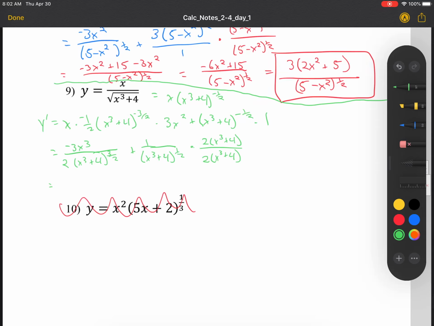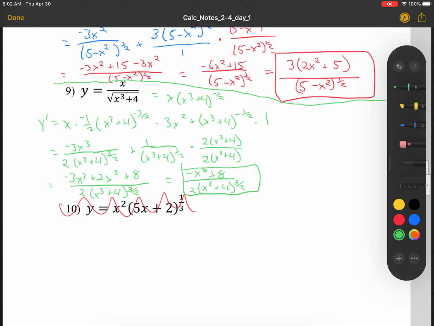This should get you negative 3x cubed plus 2x cubed plus 8 all over 2x cubed plus 4 to the 3/2, which equals negative x cubed plus 8 over 2x cubed plus 4 to the 3/2. All right, and that should be your final answer.